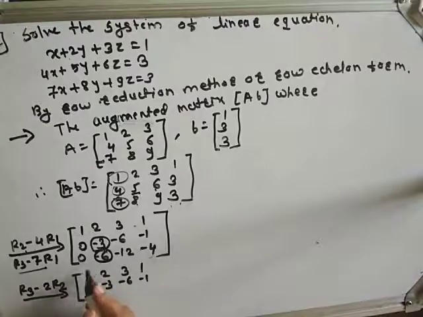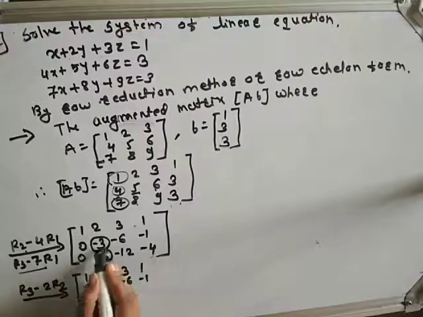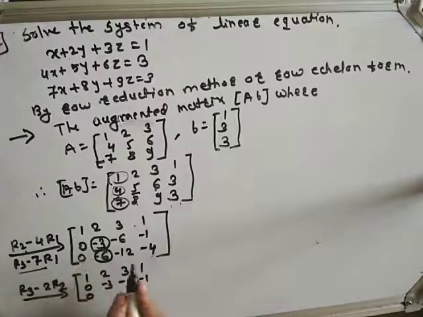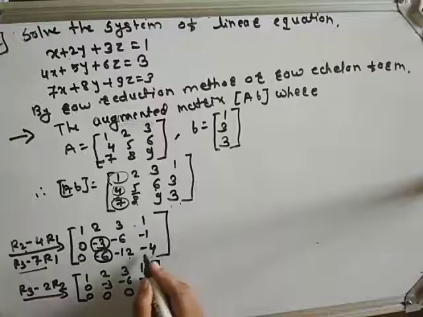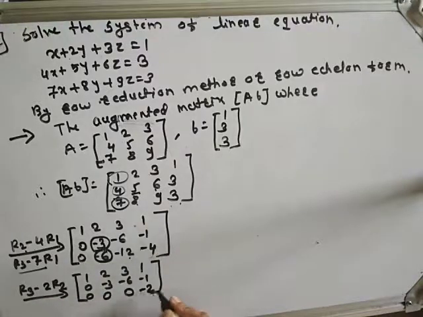R3 is 0, minus 6 minus 2 into minus 3, that is plus 6, gives 0. Minus 12 plus 12 is 0. Minus 4 plus 2 is minus 2.